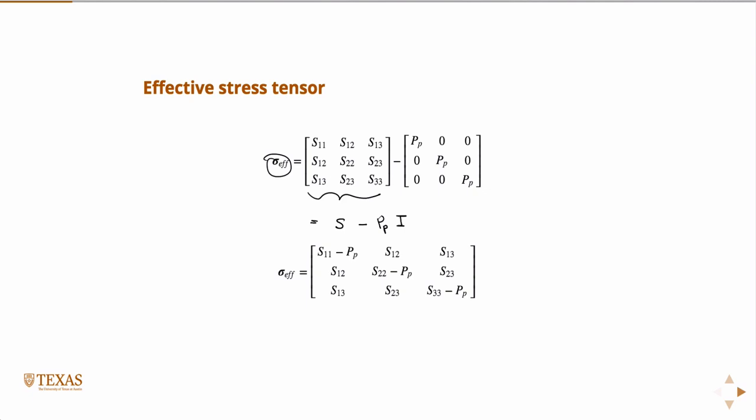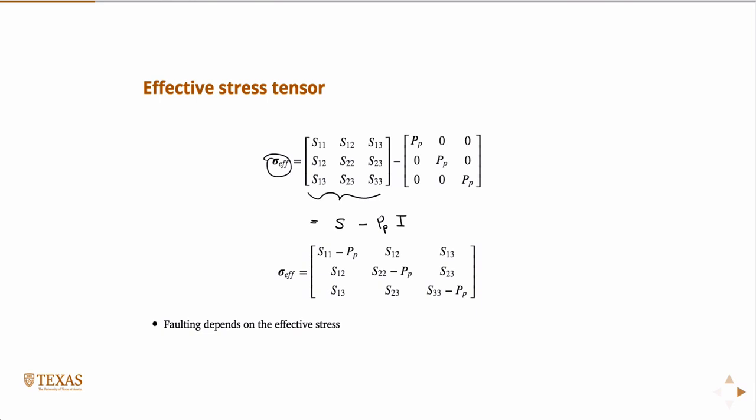So if we just combine the terms, then you get this. And one thing we'll learn really soon is that faulting, or whether a frictional interface in a rock, a joint, a fault is going to slip or not depends on the effective stress.